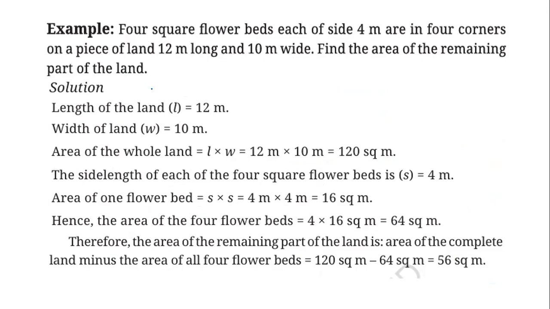Another example, 4 square flower beds, each of side 4 meter, are in 4 corners on a piece of land 12 meter long and 10 meter wide. This is a piece of land.